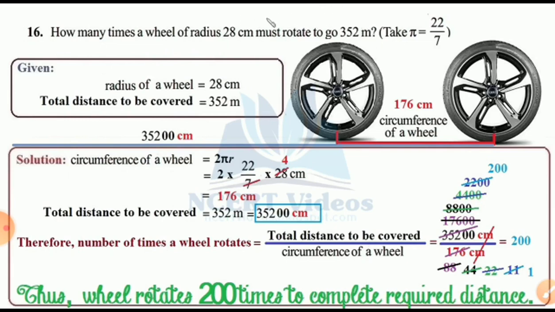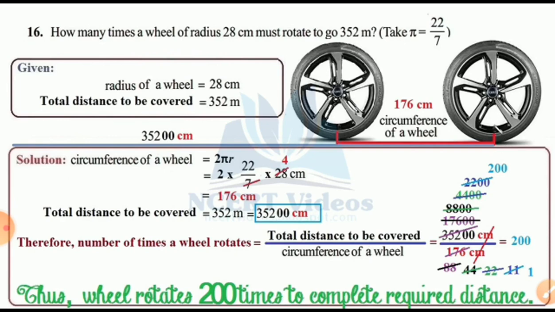352 meter will give you 35,200 centimeter. So now number of turns means rotations. You have to find the total distance divided by circumference of the wheel. Yes, 35,200 divided by 176. Both are even numbers. Cut with 2, again 88 and then 17600.